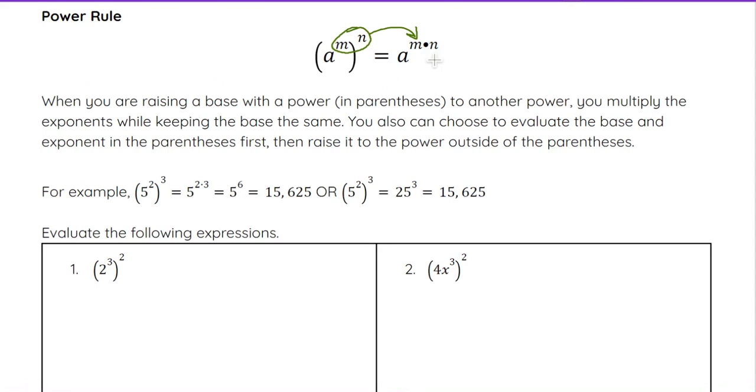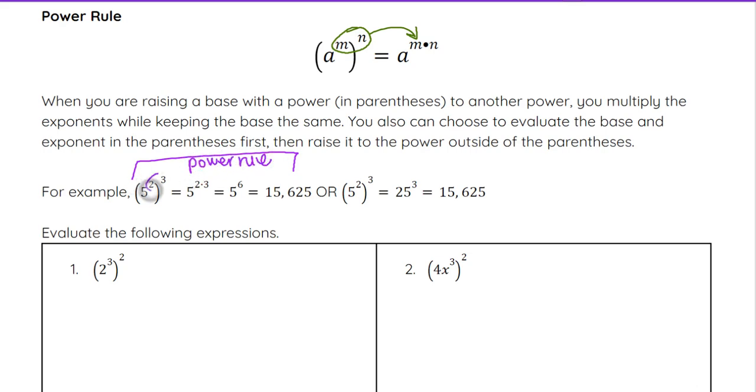Now that will always work, but there's another method you could use if you have a numerical base, and I'm going to show you those two options down here. When we are raising a base with a power to another power, like 5 squared to the third power, your first option is to use the power rule.